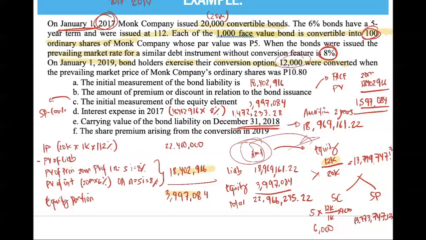So you prorate. After you prorate and get the value, you allocate it to your share capital and your share premium. Share capital should always be at par. Our par value is 5 pesos, our share is 100, and whatever is left is your share premium.